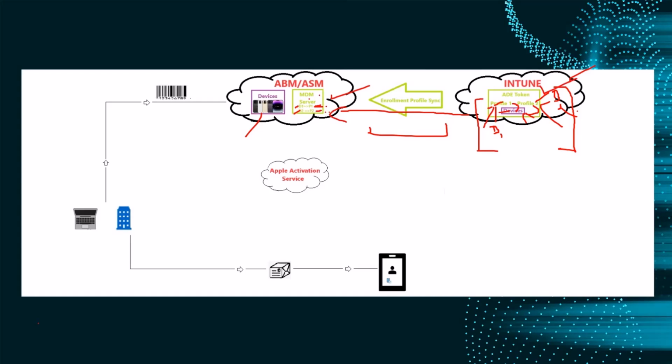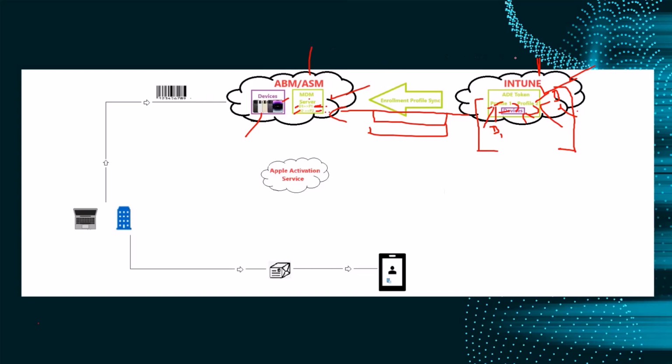So Apple needs to be notified that this device, which is present in this MDM server, which is talking to this specific instance of MDM, has this profile assigned to it. The details of this profile, the device will get when it's talking to the MDM directly, but Apple needs to know about this information. So this sync is going to happen every time we edit a policy over here.